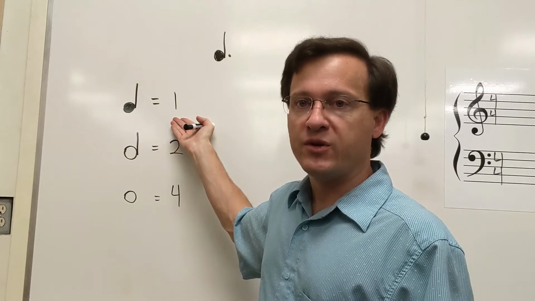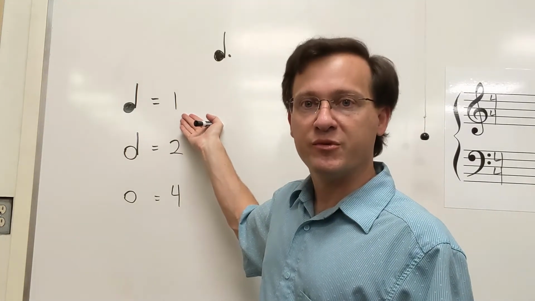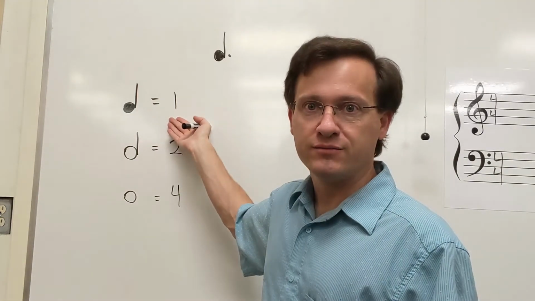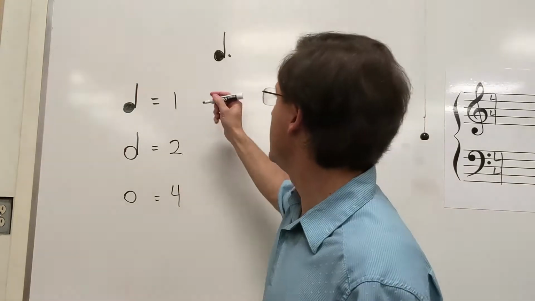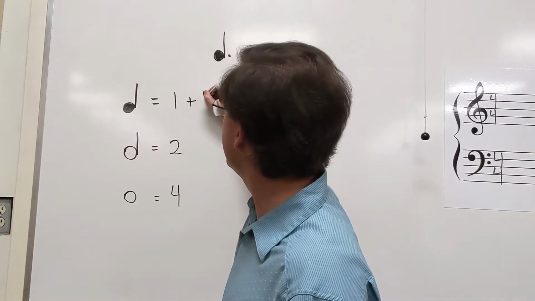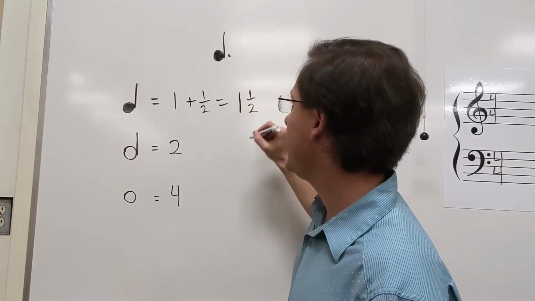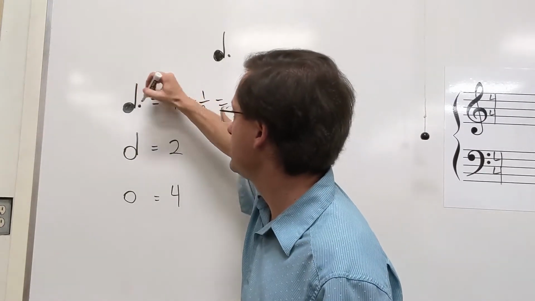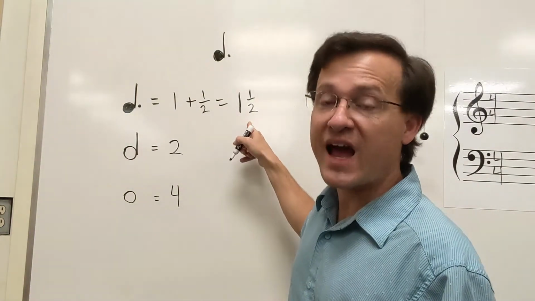I'm going to add half of that and come up with my new length. What is half of 1? A half, right? 2 halves make a whole, half of 1 is a half. So 1 plus 1/2 equals 1 and a half. So a dotted quarter note is going to be 1 1/2 beats long.